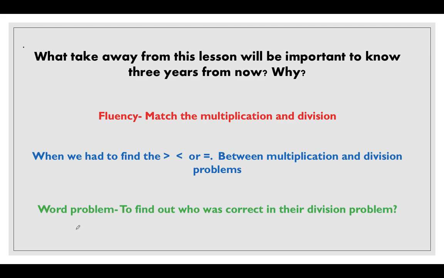Or do you think the most important was the word problem between Kenneth and Taya, where we had to find out who was correct in their division problem? Which one of these do you think is the most important that you need to know 3 years from now? Or you might think that all of these are important. Write a sentence that says, this is the most important because, and tell me why you think it's most important to know for the future.